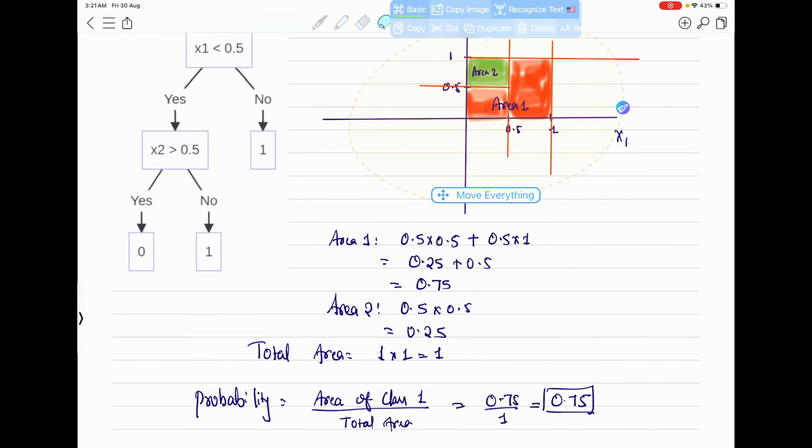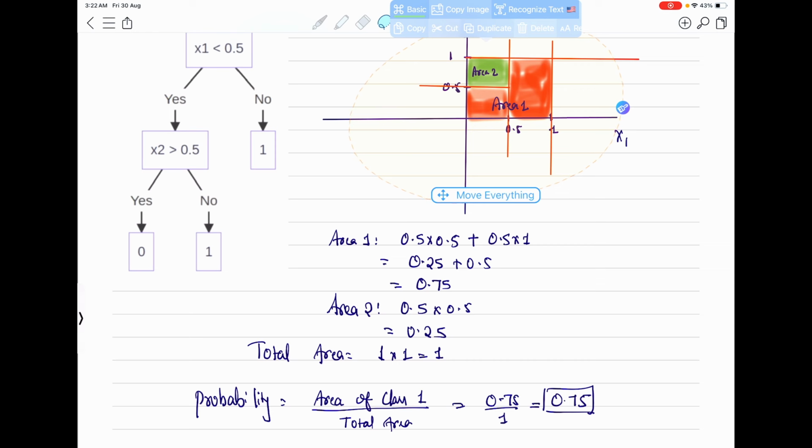Now we have to find the probabilities. So for the probability of area 1, I have written area 1. So all this red is basically my area 1 and this green is my area 2. The probability of area 1 is nothing but, you can see there are two rectangles, because it has said a unit box, right? So a unit box means 0 to 1 in x1, and in x2 also 0 to 1.